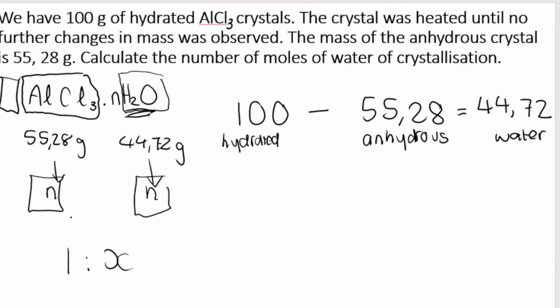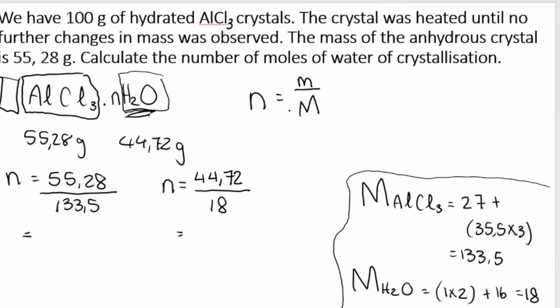So first step, work out the mass of the water that was evaporated, 44,72 grams. Convert both of them to moles, which we know how to do. We're going to use this formula. N is equal to mass divided by molar mass. Let's do that for AlCl3, and let's do that for H2O. So I write my formula once. Remember, I'm using this formula because I have the mass of the water that was lost or evaporated and the mass of the anhydrous crystal.